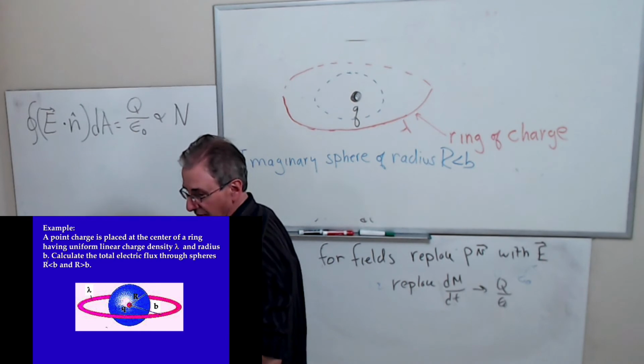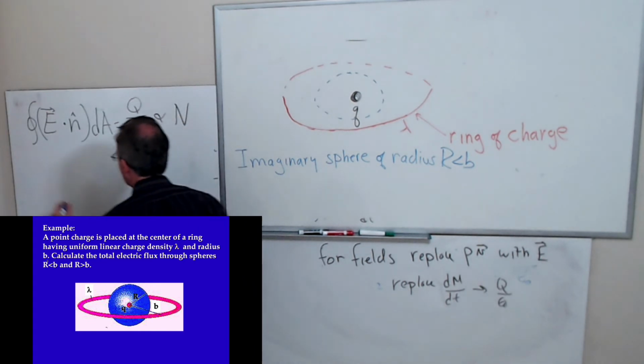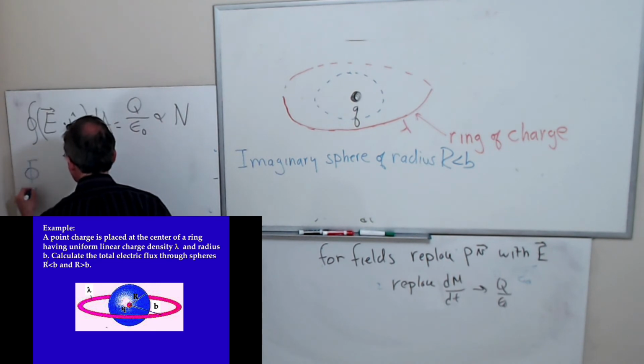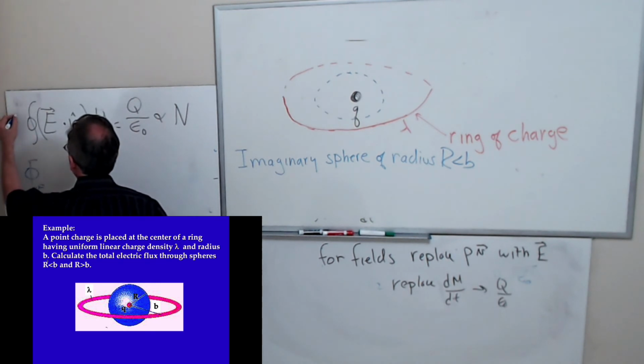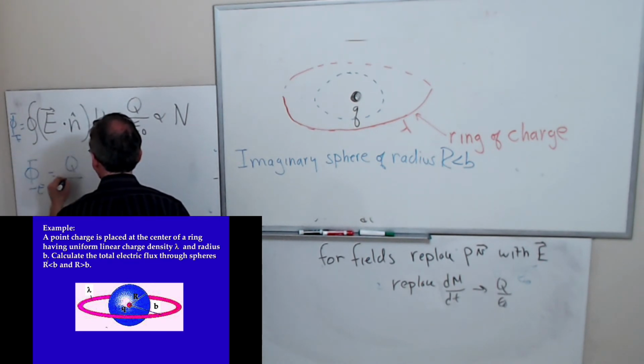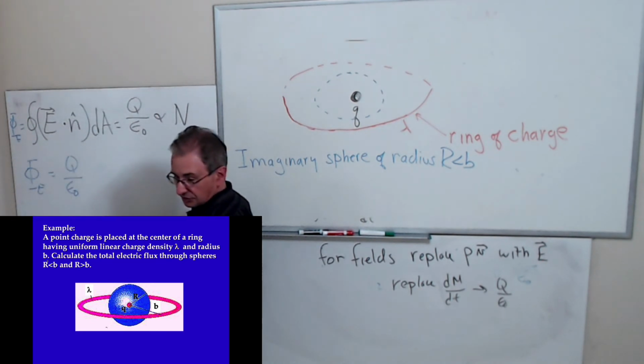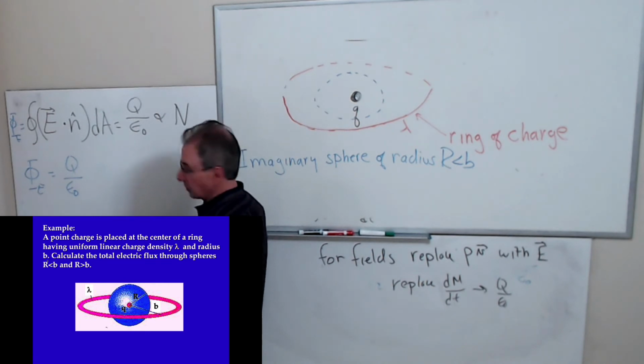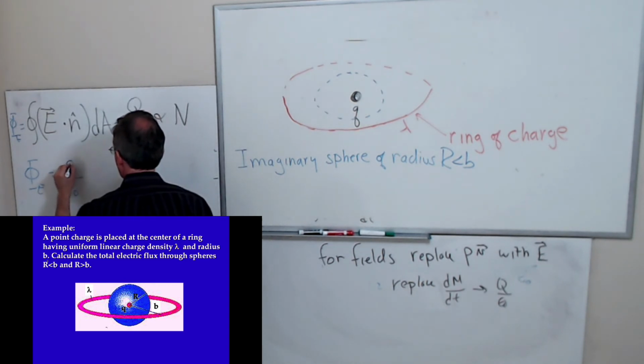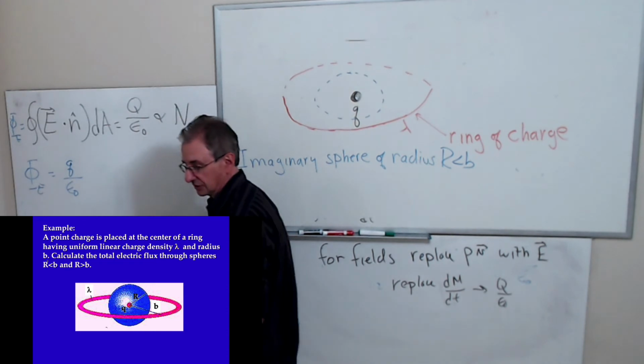So my answer is that the electric flux, denoted by the Greek letter phi sub e, is just q over epsilon naught, and I should use small q. I don't have to do any calculation.